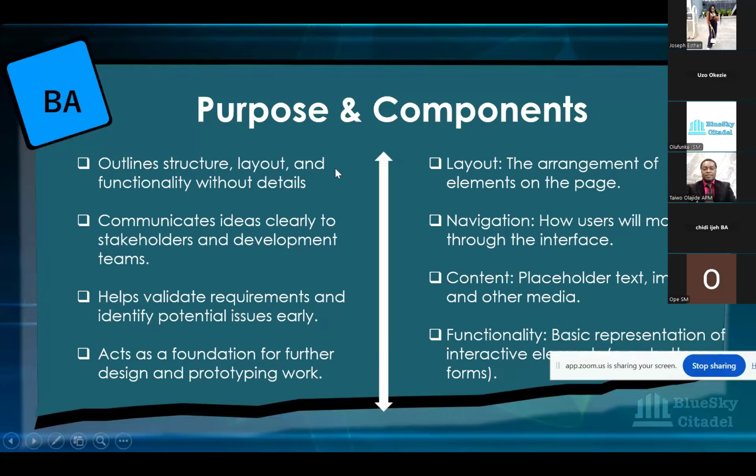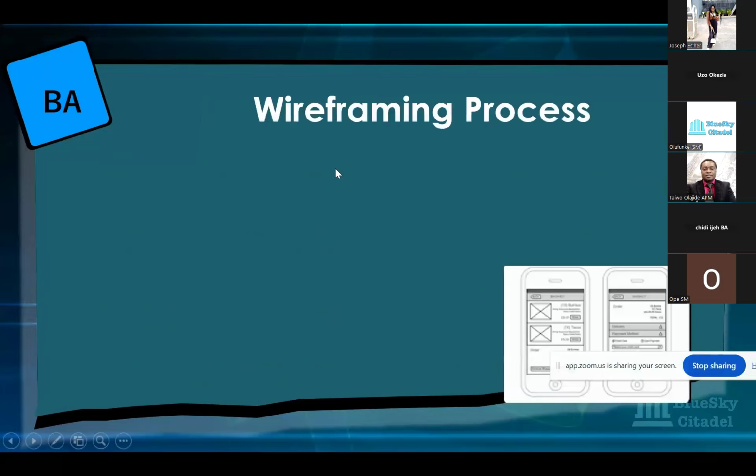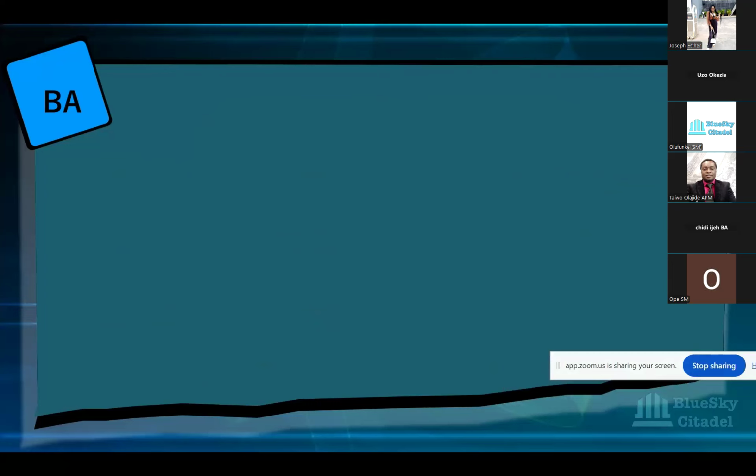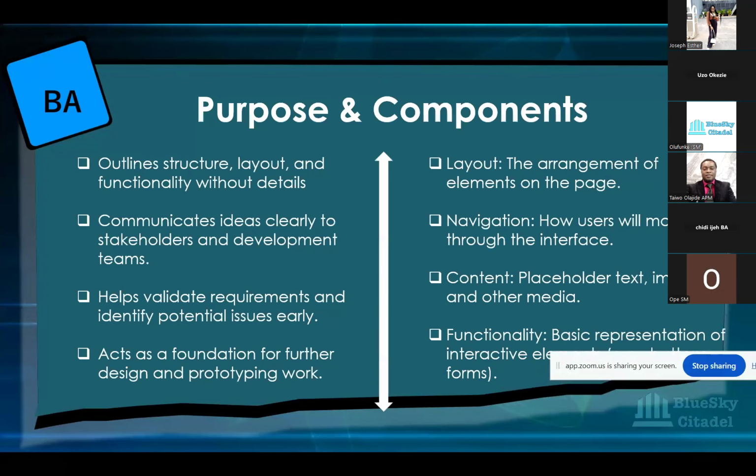Okay. So moving on, the wireframe. Before we move on, I want to make it very clear because this is what a lot of people have a problem with. When you take an image of something, what you see in the image is what is the thing.